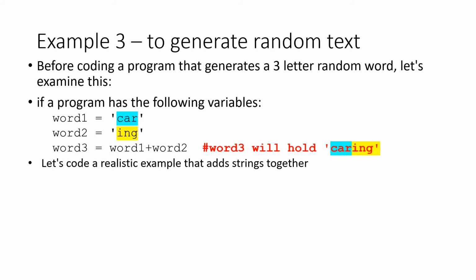So before coding the program that generates a 2-letter random word, which is not a word, but we'll see, let's examine this. If a program has word 1, word 2, and word 3, in word 1 we store CAR, and in word 2 we store ing. We can concatenate word 1 and word 2.